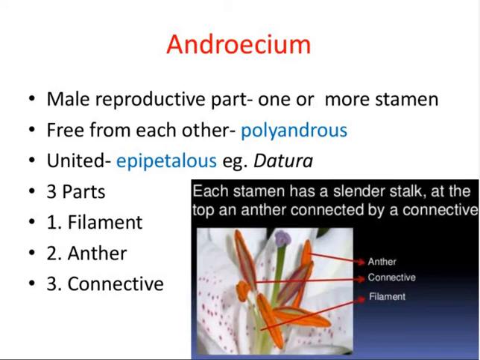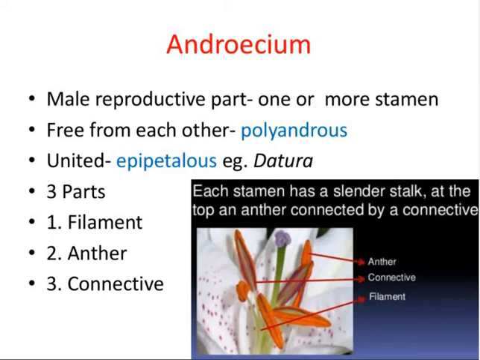If you see each stamen in the diagram, they have a filament, an anther and a connective. The stalk of the stamen is called filament. The uppermost portion where the pollen grains are formed is called anther.